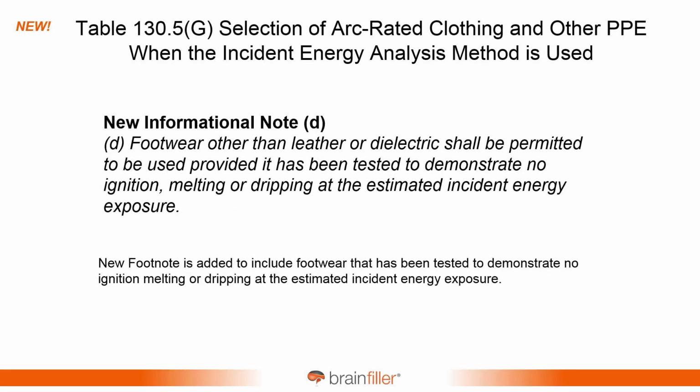There was another addition, and this is about footwear. Historically, footwear has either been leather or dielectric, and now there's a new informational note that says you can have footwear other than leather or dielectric footwear. It's permitted as long as it's been tested to demonstrate that there's no ignition, melting, or dripping at the estimated incident energy level.